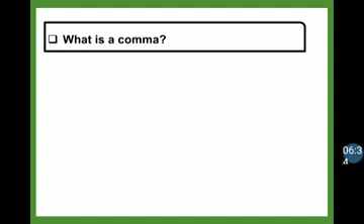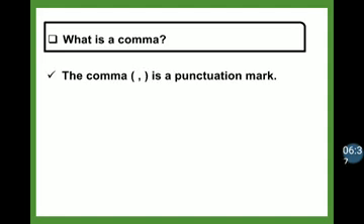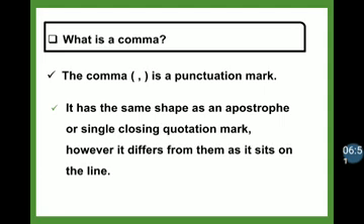Well, a comma is a punctuation mark. It's the first thing that we know about it. A comma. The punctuation mark. The second thing we know about it is that it has the same shape as an apostrophe and a single quotation mark.